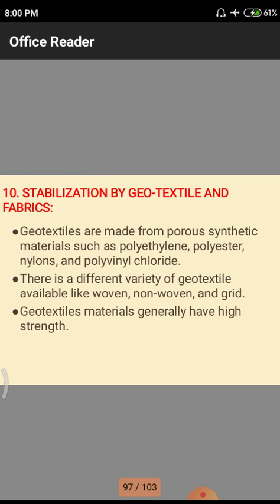I will give an example. We are going to improve the strength of the soil, so we are doing some of the densification methods for improving the stabilization of the soil. After 2 to 3 years, there may be some action of natural climatic forces.